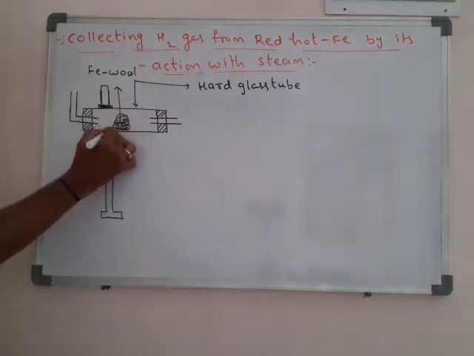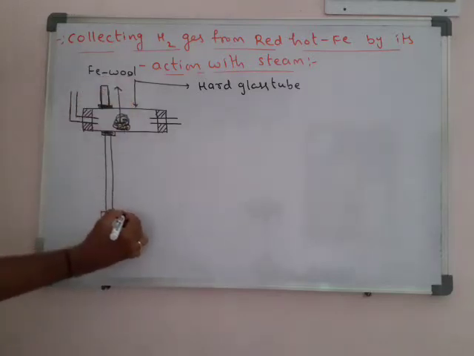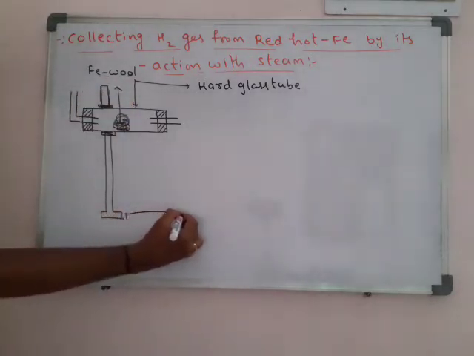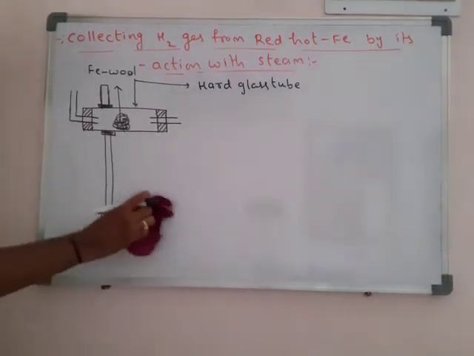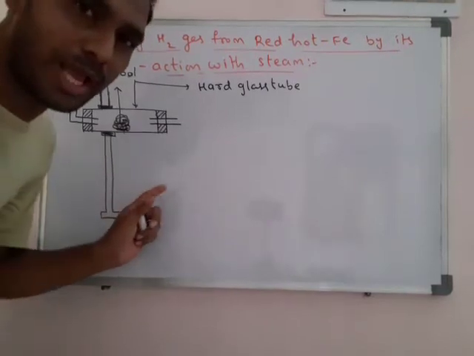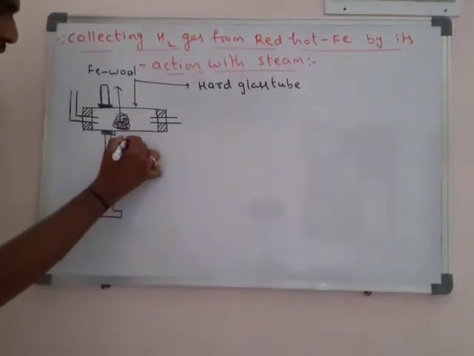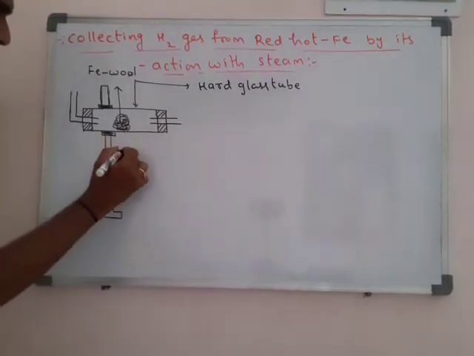It is fixed to a stand, and there is also a burner. A Bunsen burner is present because we need to heat this iron wool. We know about the Bunsen burner.